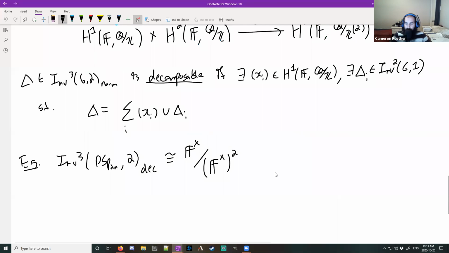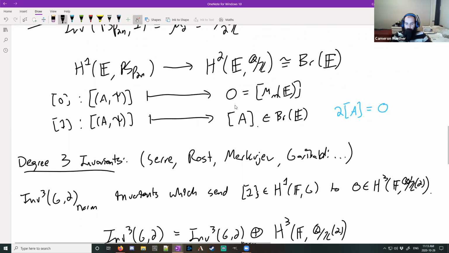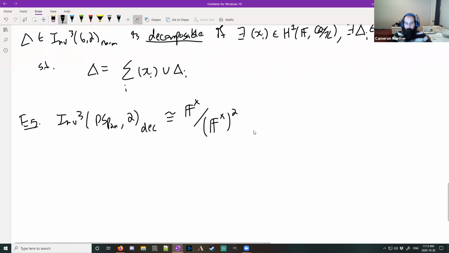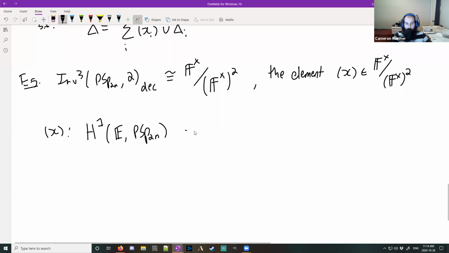Because if we try and take a cup product with this trivial invariant, it's just going to erase everything. So there's really only one invariant to choose. And so the element class of x in here acts as follows. As an invariant, I guess we could even go up to a field extension and you just inject upwards.